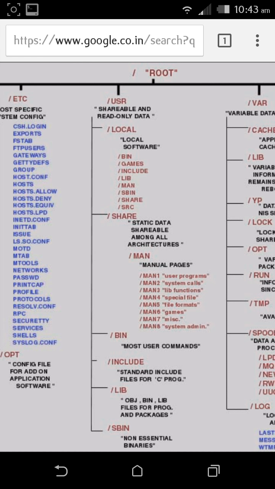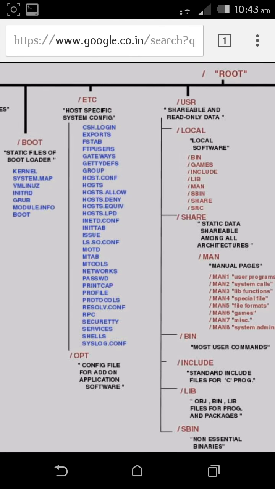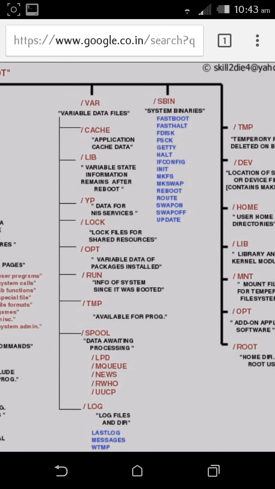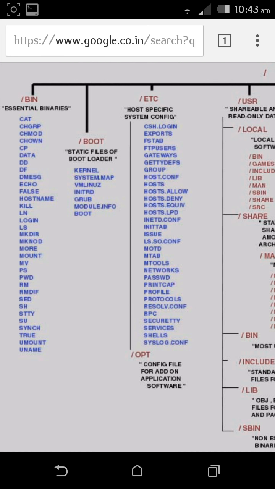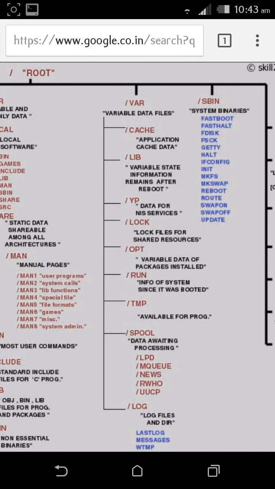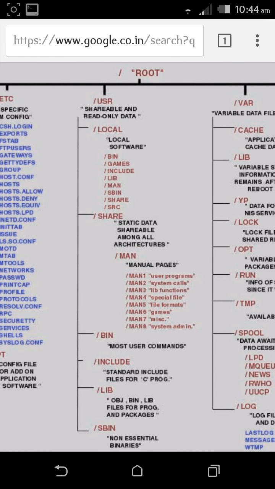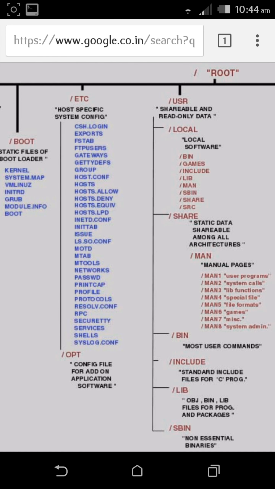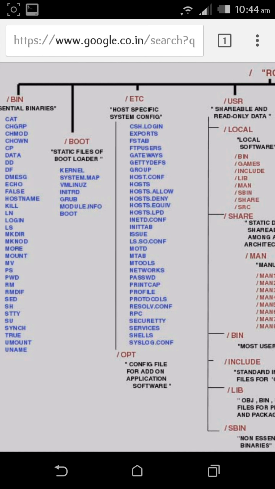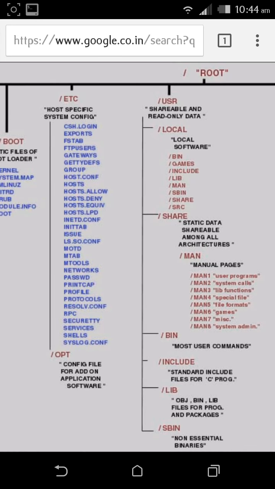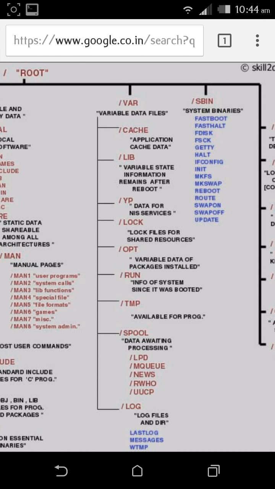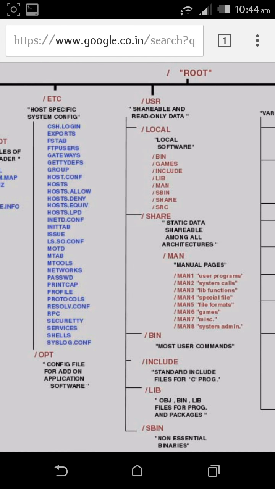Then for the root directory there are many branches. It has branches called bin, etc, user, var, sbin, etc. So the root directory in the Android file structure has many branches. The important branches are bin, etc, user, var and sbin.